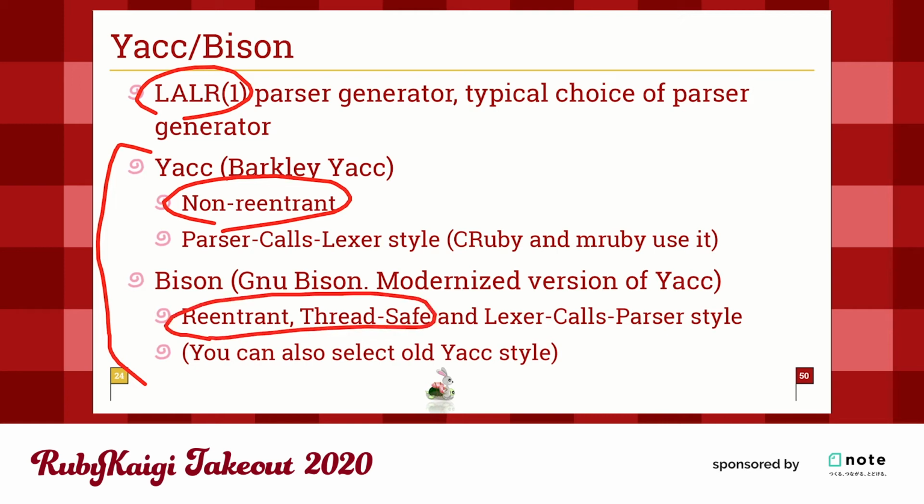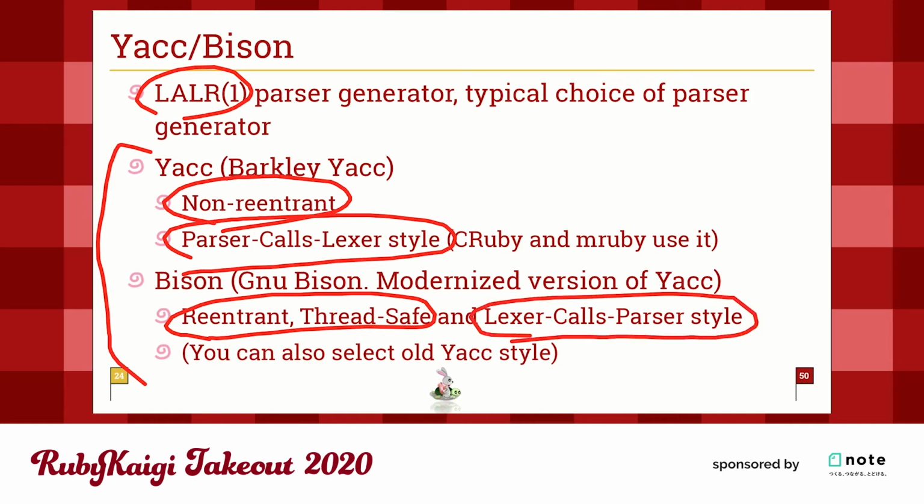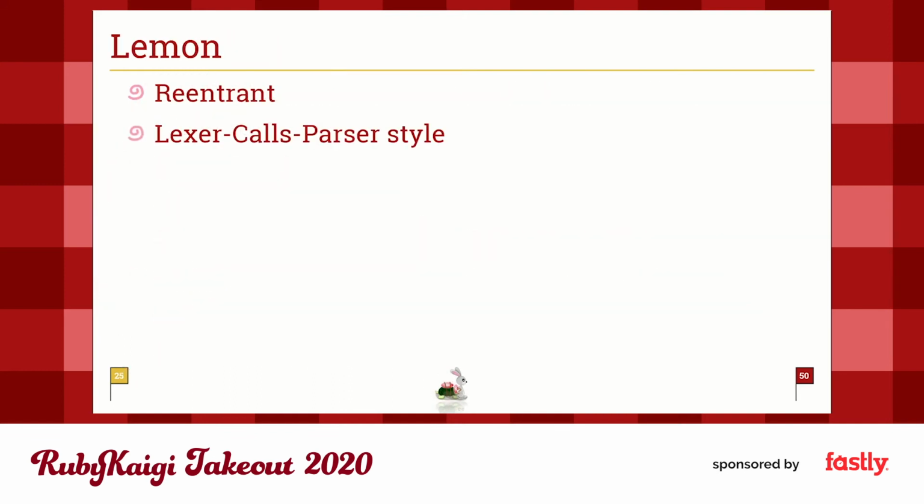And Yacc has the parser call the lexer style, while Bison has the lexer call the parser style. But you can also select the Yacc style in Bison. Lemon is reentrant and has the lexer call the parser style. It is a modern style of parser generator, I think.